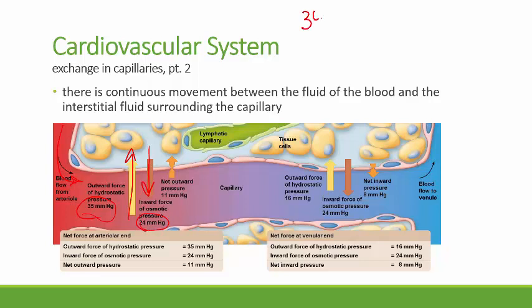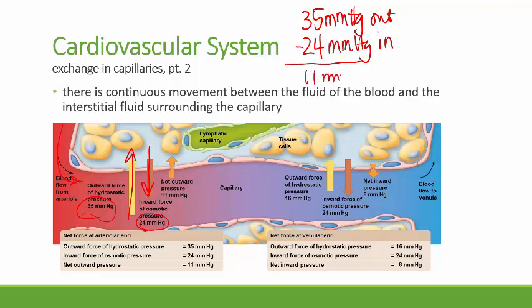So if we have a 35 millimeter push out and a 24 millimeter mercury push or pull in, if we subtract those, there is a net pressure of about 11 millimeters mercury, and the direction of it is going to be out because that was our larger value. So we have this net outward push of 11 millimeters mercury.